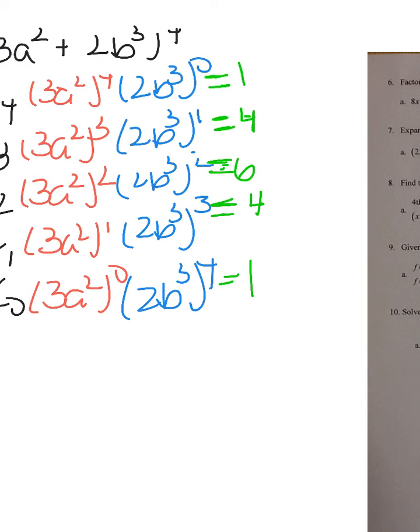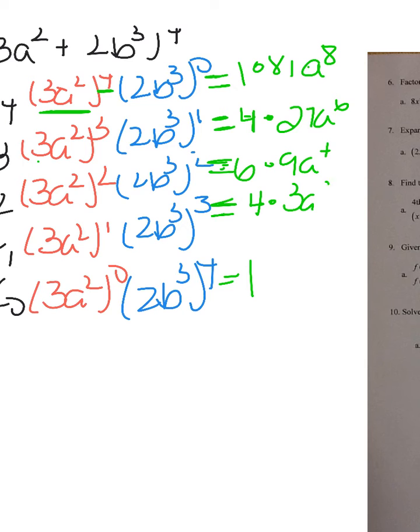All right, 3a squared to the 4th power. So 3 to the 4th is 81. So it's 81a to the 8th times 27a to the 6th times 9a to the 4th times 3a squared times 1.